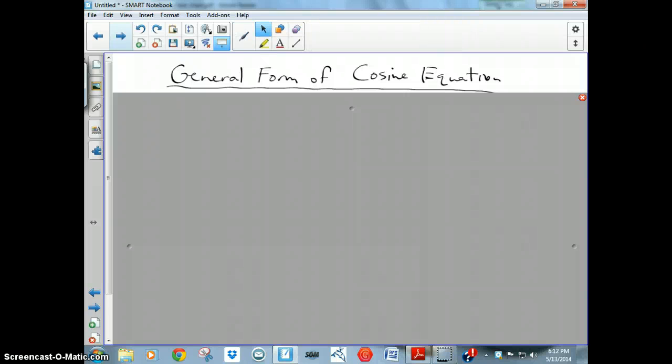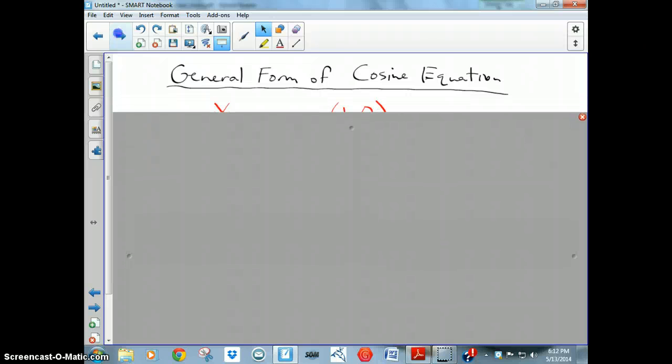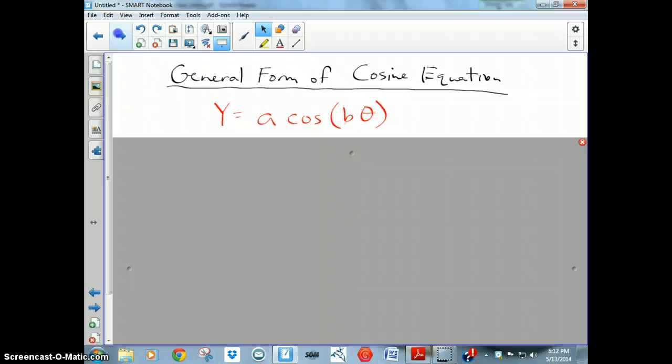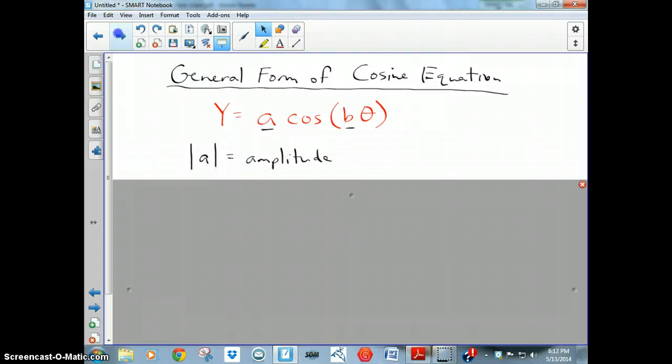Now let's talk about the general form of the cosine equation. Everything is going to be very similar and work exactly like the sine function. The general form of the cosine equation is y equals a times cosine b theta. Same as the sine. The absolute value of a is the amplitude.